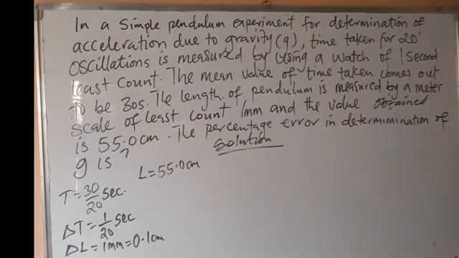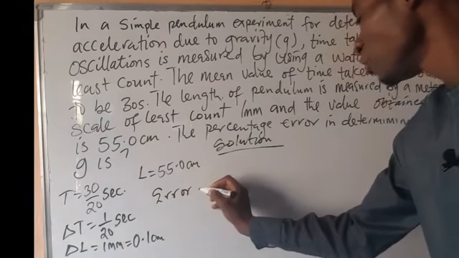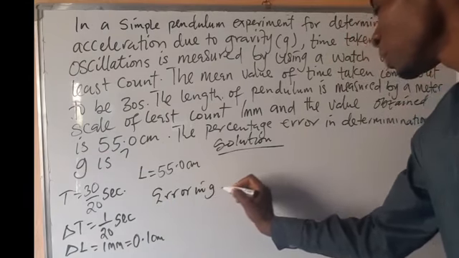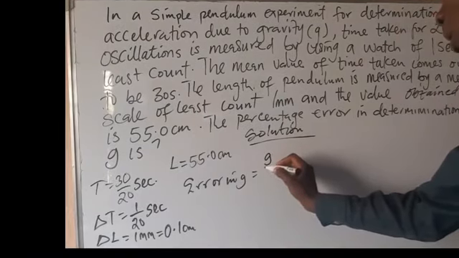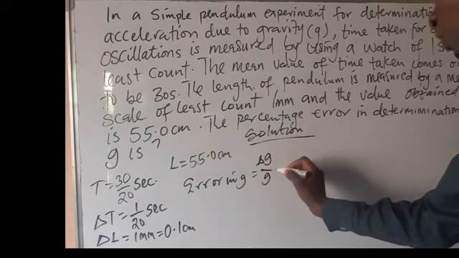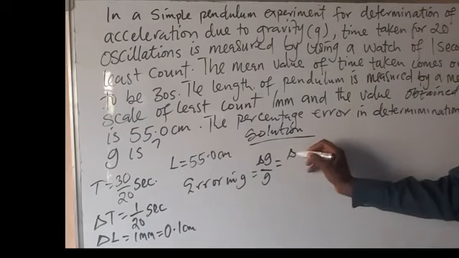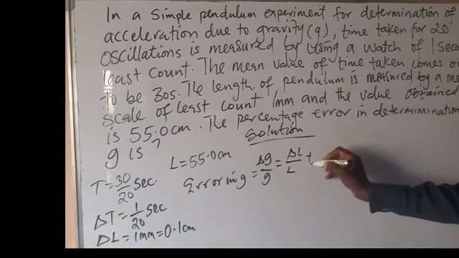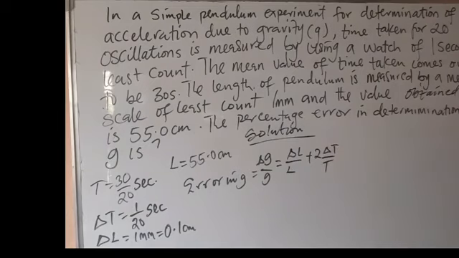So the question is the percentage error in determination of g. We can set the error in g: the change in g all over g is equal to the change in L all over L plus 2 into the change in T all over T, and that is the mathematical relation.